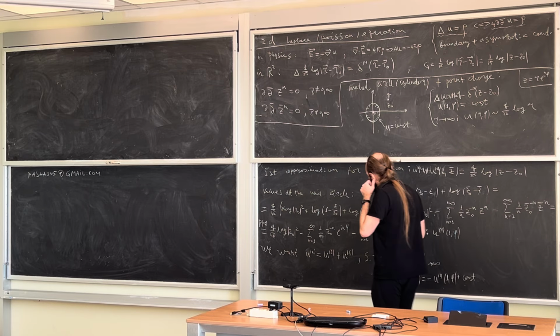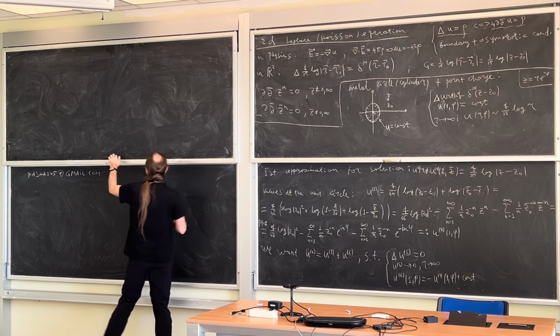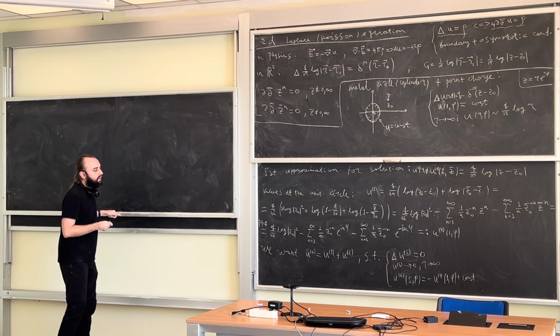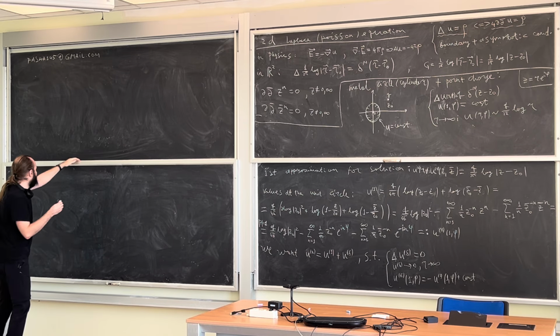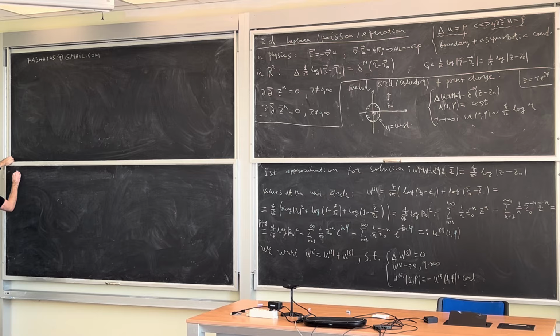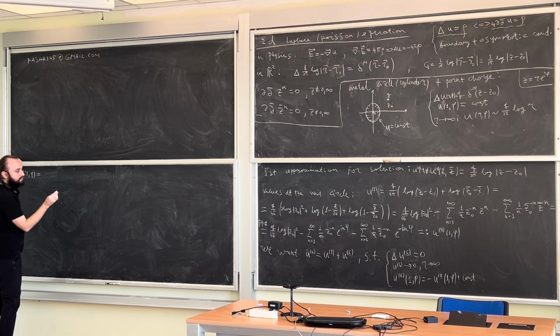But which powers of r? What should I write here? So u delta, this correction, in terms of r and phi. What should it be?